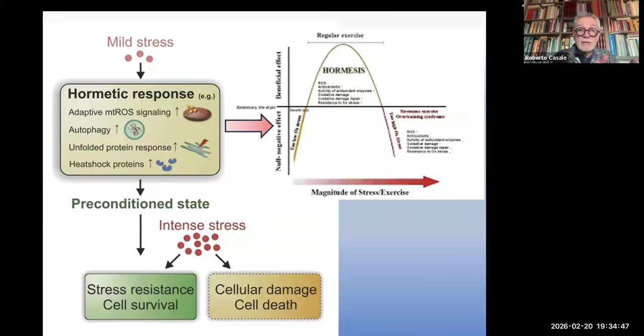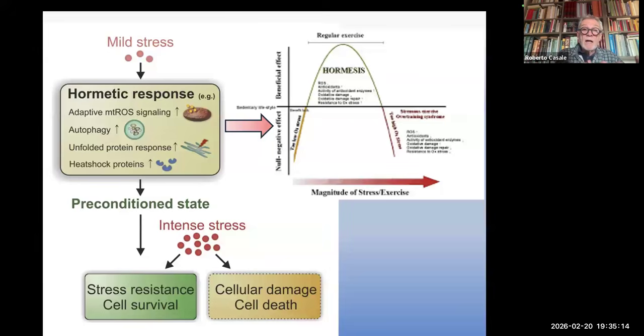So, oxygen ozone is a mild stress, a hormetic response, because it activates ROS, which is a stress signal, but is able to activate a counter reaction against this positive mild stress.